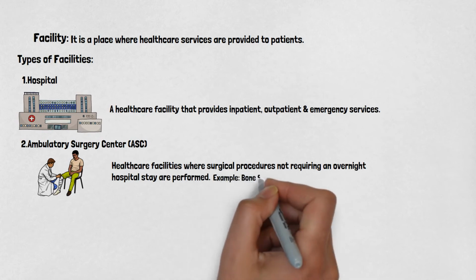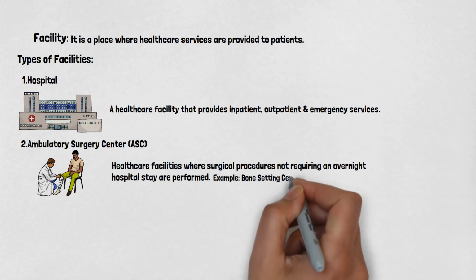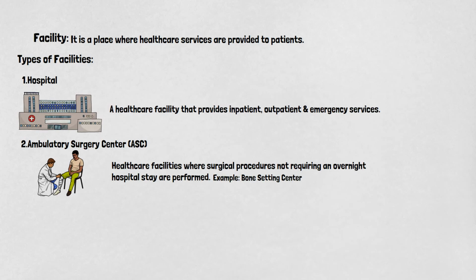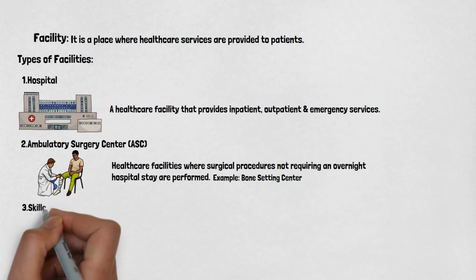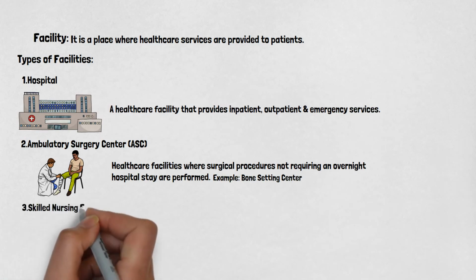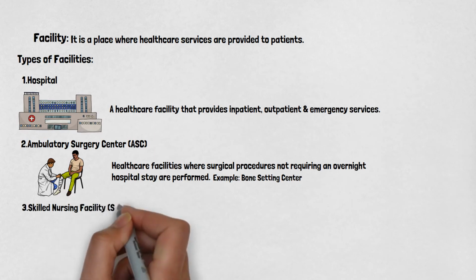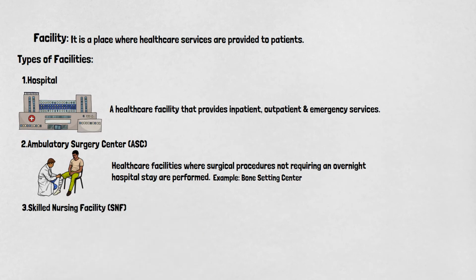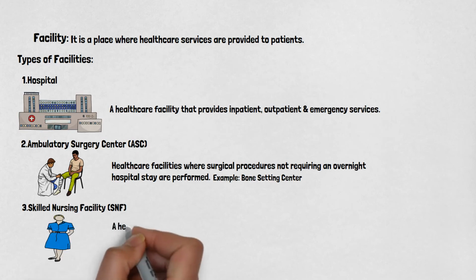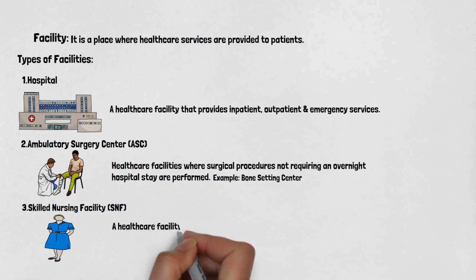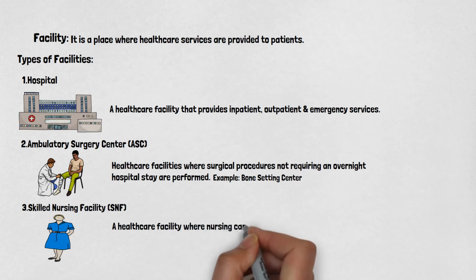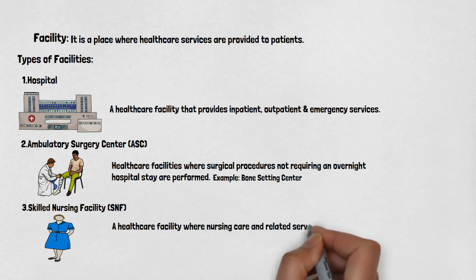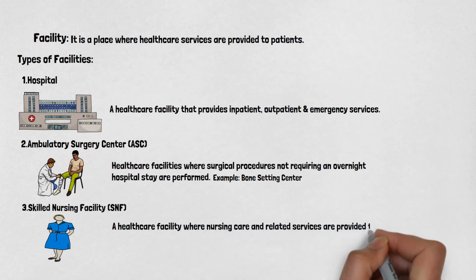The fourth one is home health. Healthcare services, which may be medical or non-medical, provided to patients and their families at their homes or place of residence, is known as home health.